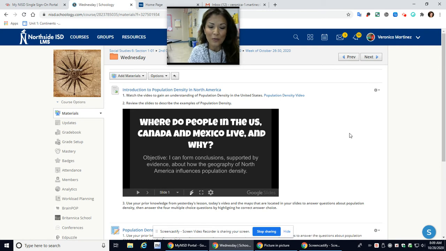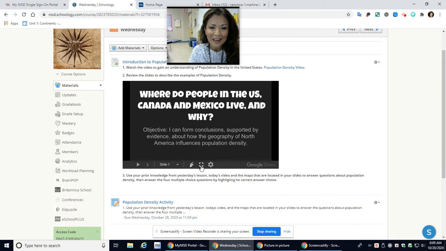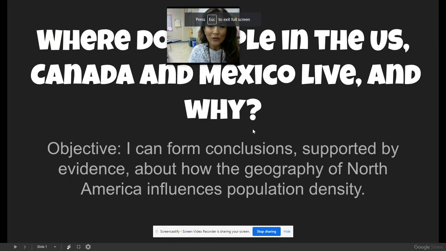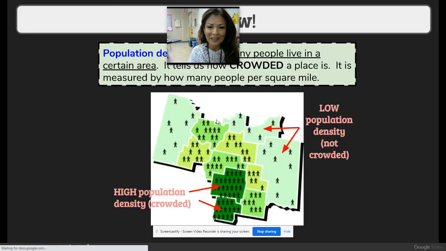Today, we're going to learn about why certain areas are so highly populated. Think about why people came in the beginning, and then what I just said. So for today, you're going to discuss again population density. The objective is: I can form conclusions supported by evidence about how the geography of North America influenced population density.